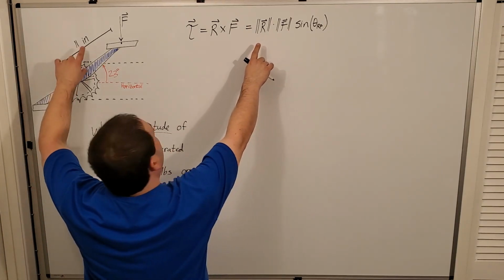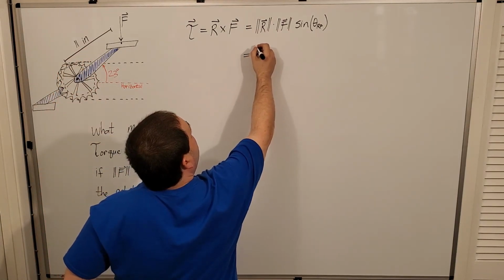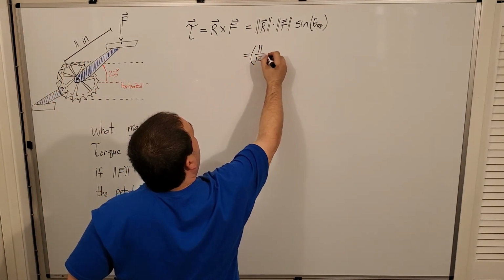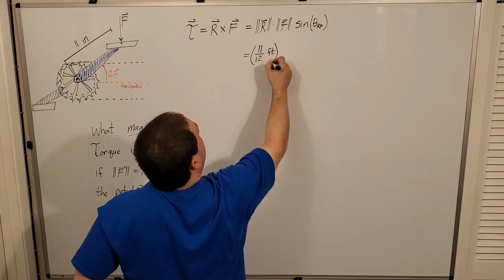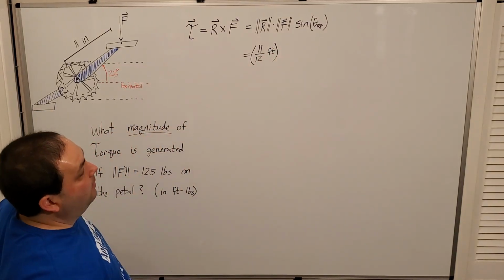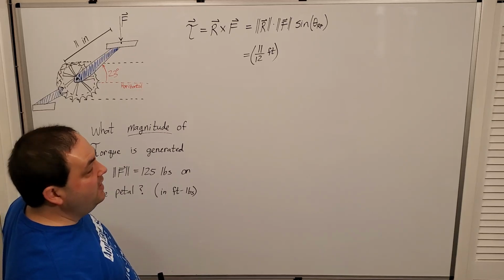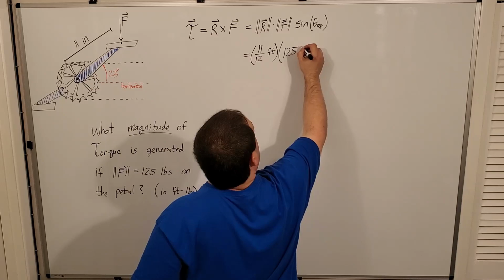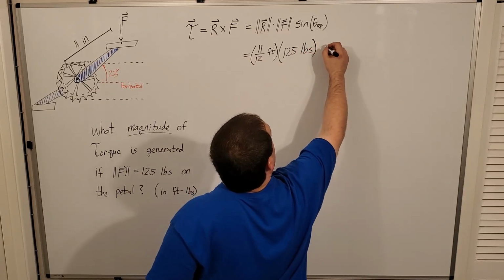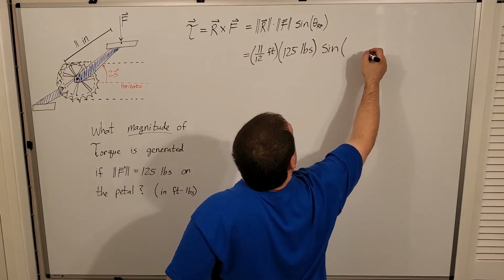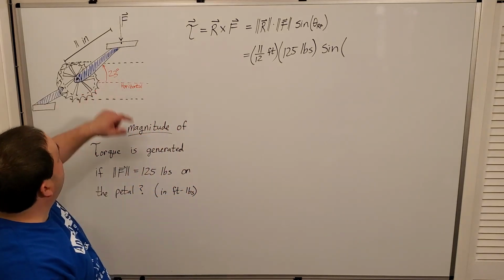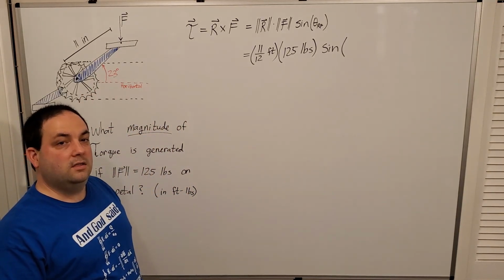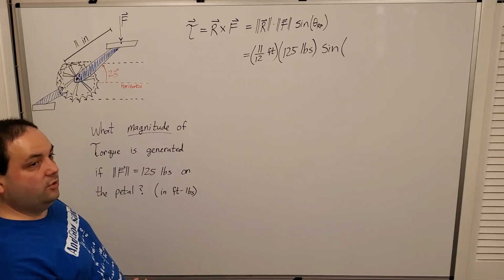The magnitude of the R vector here is going to be 11/12 feet, right? 11 inches divided by 12 inches is how many feet it would be. The magnitude of the force being 125 pounds. And then the sine of, be careful, this 23 degrees right here is not the angle between the vectors.